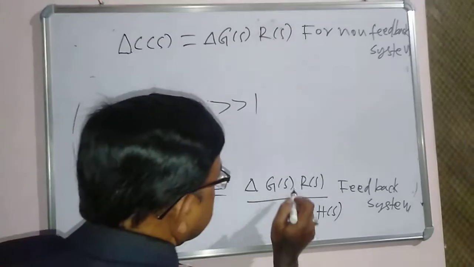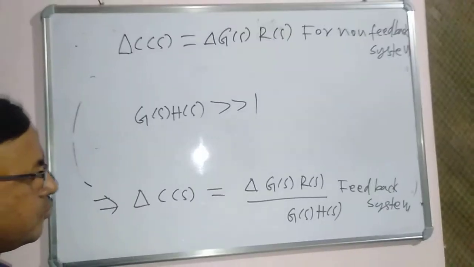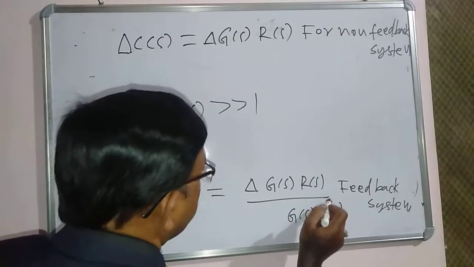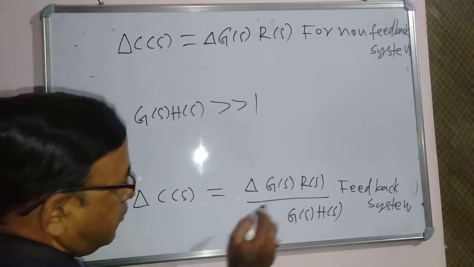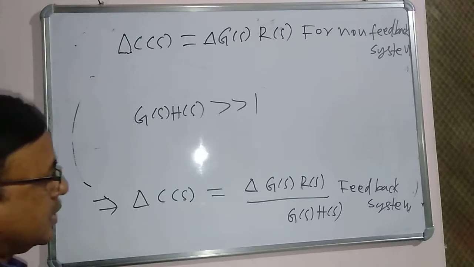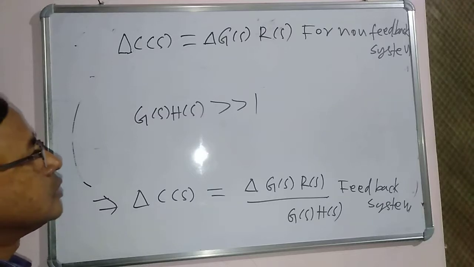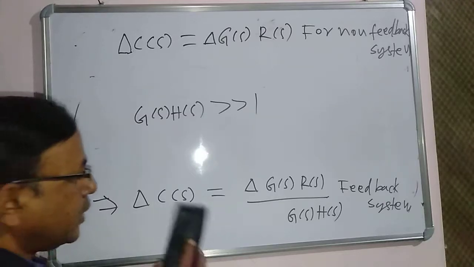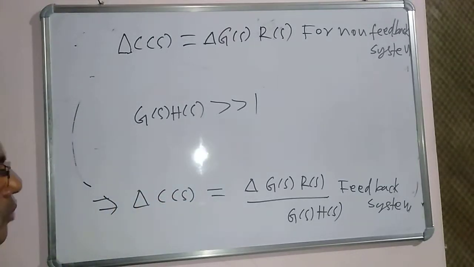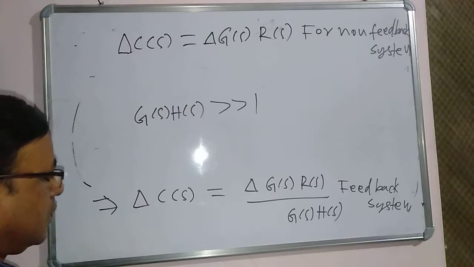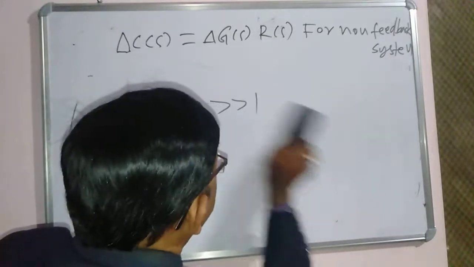So del G S into R S, that is the change in controlled output, is much smaller than this, because this is divided by a factor G S into H S, which is much greater than 1. So this proves that the feedback reduces the controlled parameter variation or reduces the error in the controlled output.